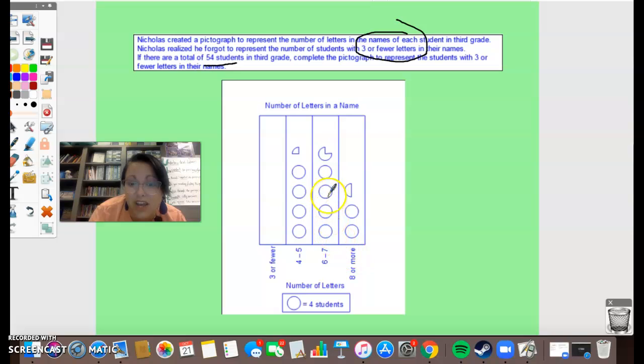Okay, 4, 8, 12, 16 plus 3 is 19. So we've got 17, 19, and then 8, and then we got 10. Oh my goodness, I'm not going to do it in time. But what you would do is you'd add all these together, subtract it from 54, and that's how many should go.